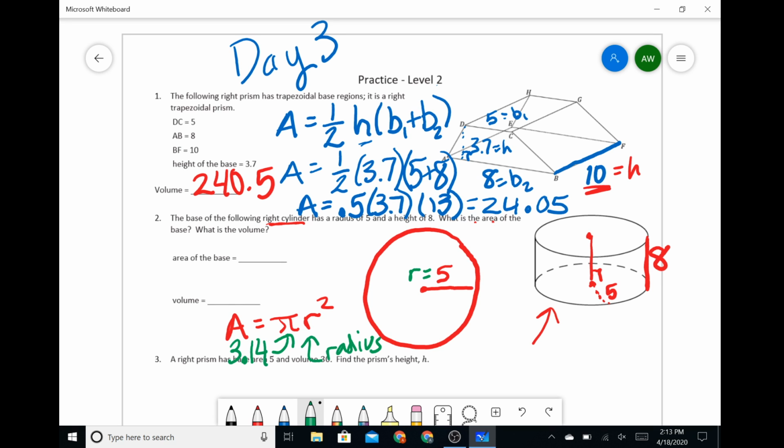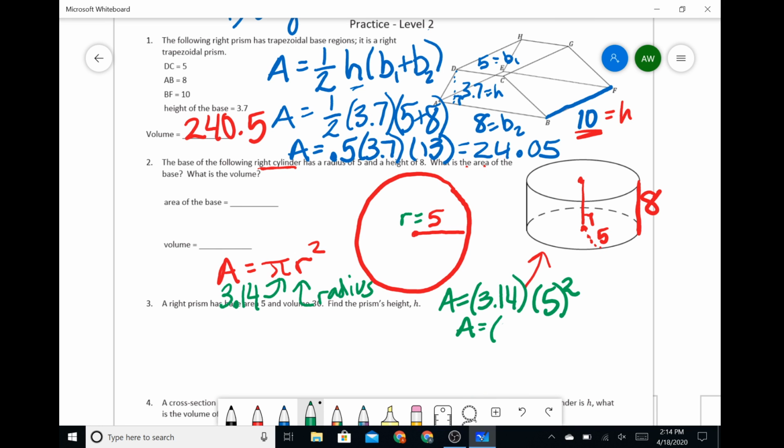Okay, so if I plug 5 in, I get area is equal to 3.14 times 5 squared. Okay, so 3.14 times 5 squared, we get, well, 5 squared is 25. Oh, I'm running out of space.